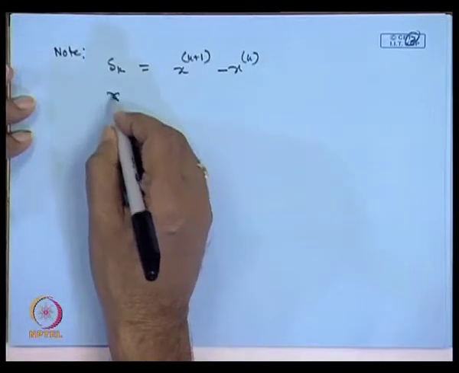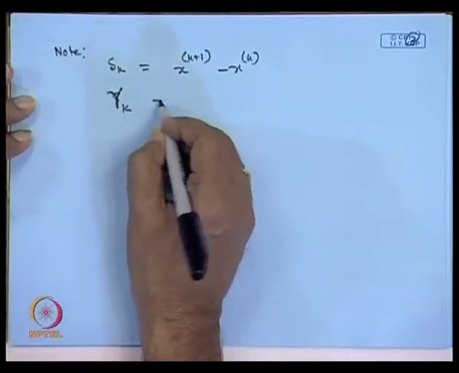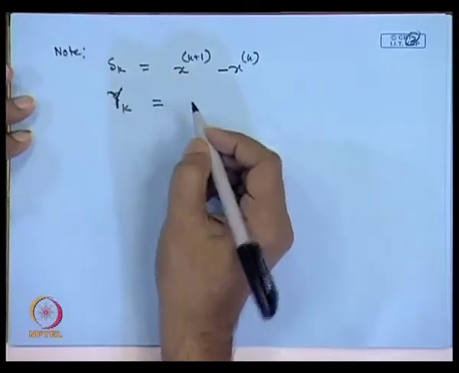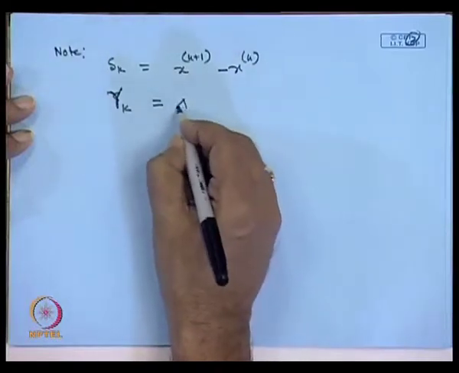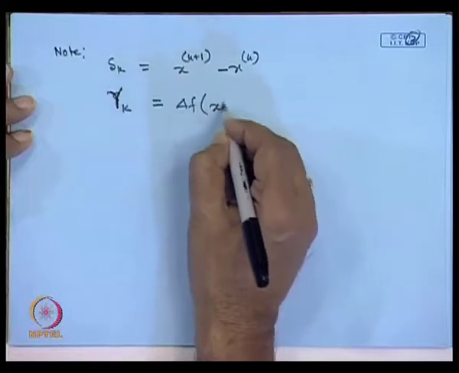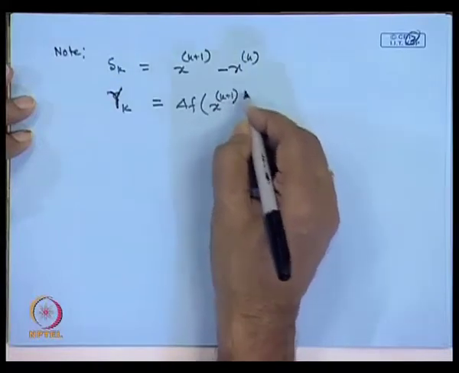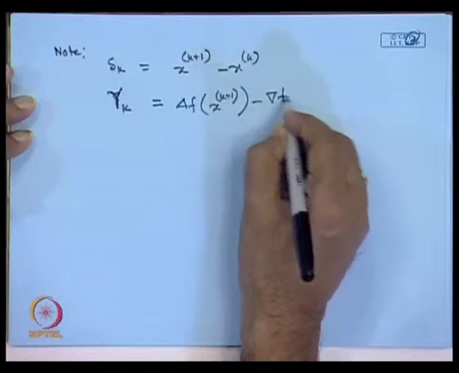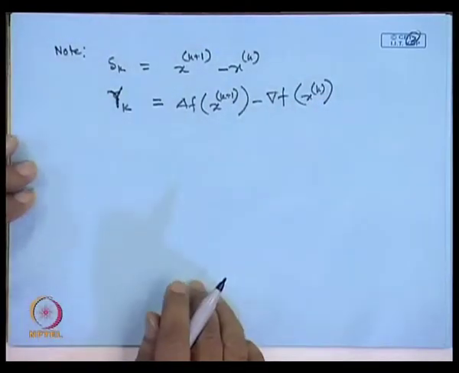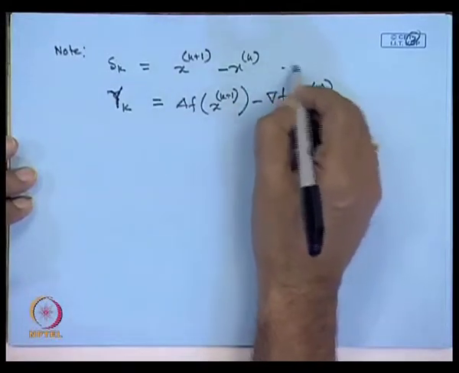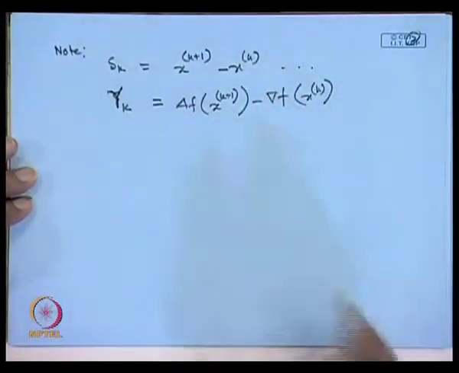Similarly, gamma k is the difference of gradients at two successive points. What are the successive points? Gradient of f at x superscript k plus 1 minus gradient of f at x superscript k. So, let us call the last equation number 3.